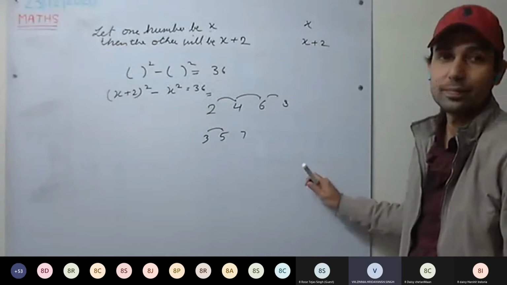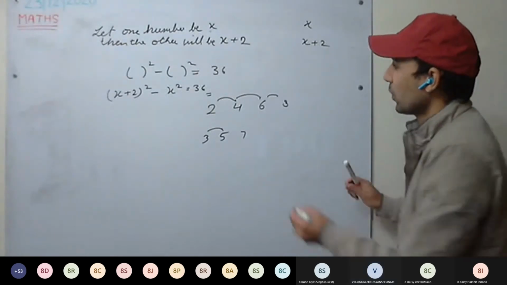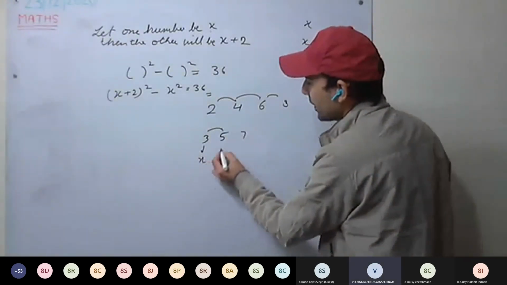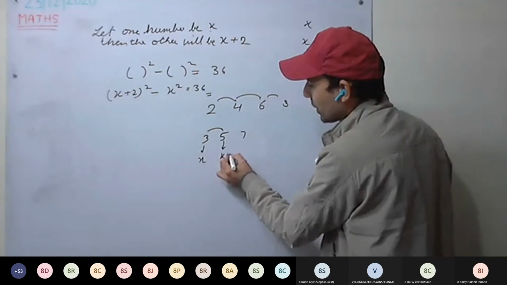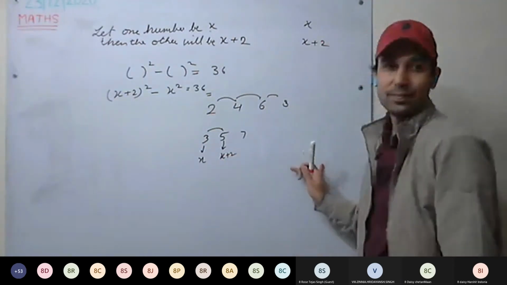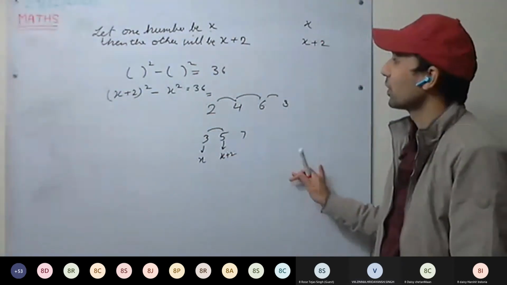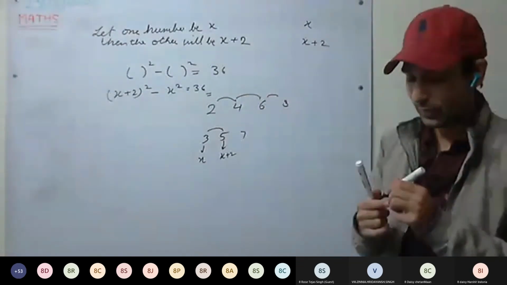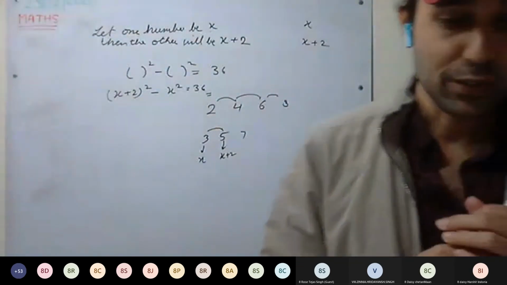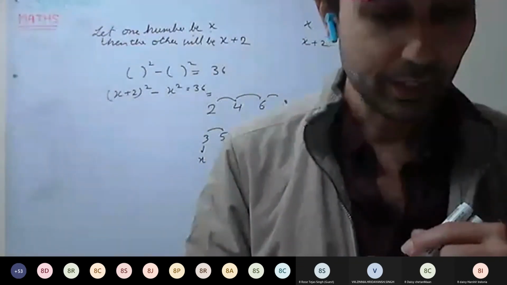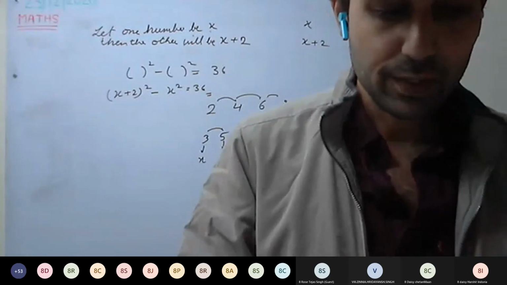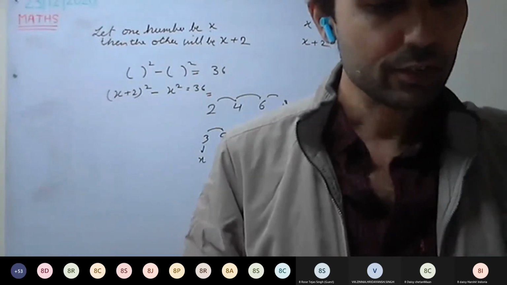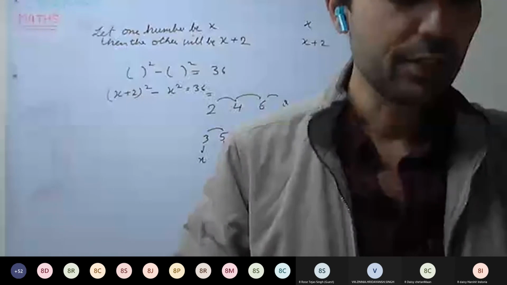Sir, in odd numbers, how will it be x plus 2? If you are taking this as x, then the next number will be x plus 2. Okay, solve these three, you will know. Try to do the third one as well. Second one you solve, we'll discuss tomorrow.